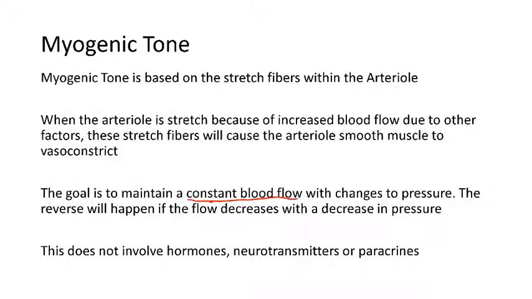But this is also probably related to the buildup or lack of buildup of metabolites. So if blood is flowing through faster, the metabolites wash away, we'll get some vasoconstriction. Now your book says it doesn't involve paracrines. Another part of the book says it may involve paracrines. They're not sure if it's part of the whole system or not.